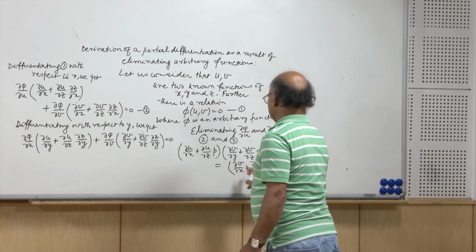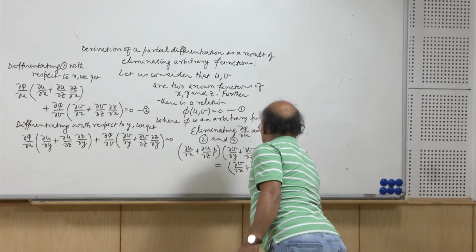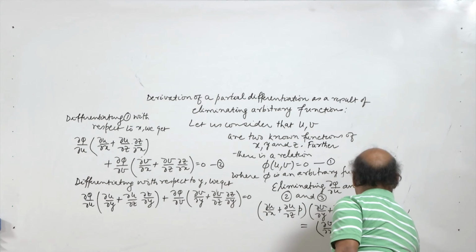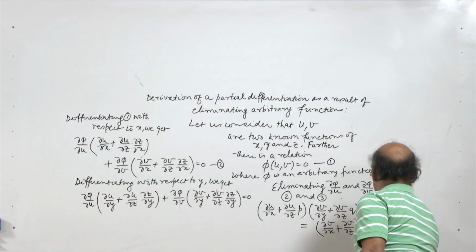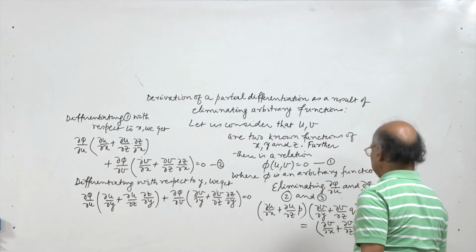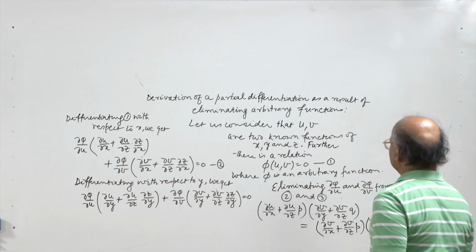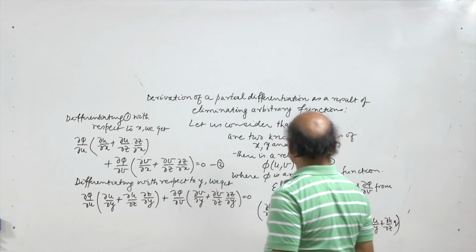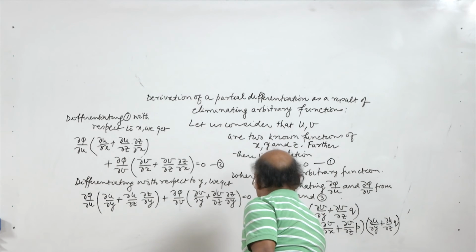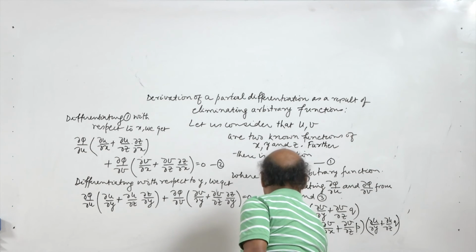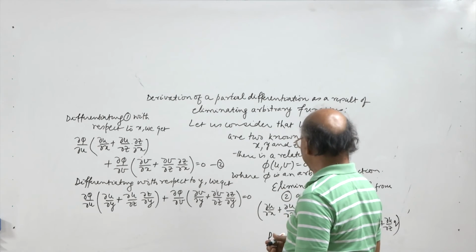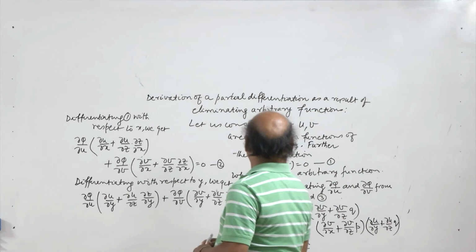So, vx plus vz p into uy plus uz into q, which is a first order partial differential equation, and it can be expressed in the form Pp plus Qq equal to R, with suitable values of P, Q and R which can be obtained from here. So, it is a first order partial differential equation.